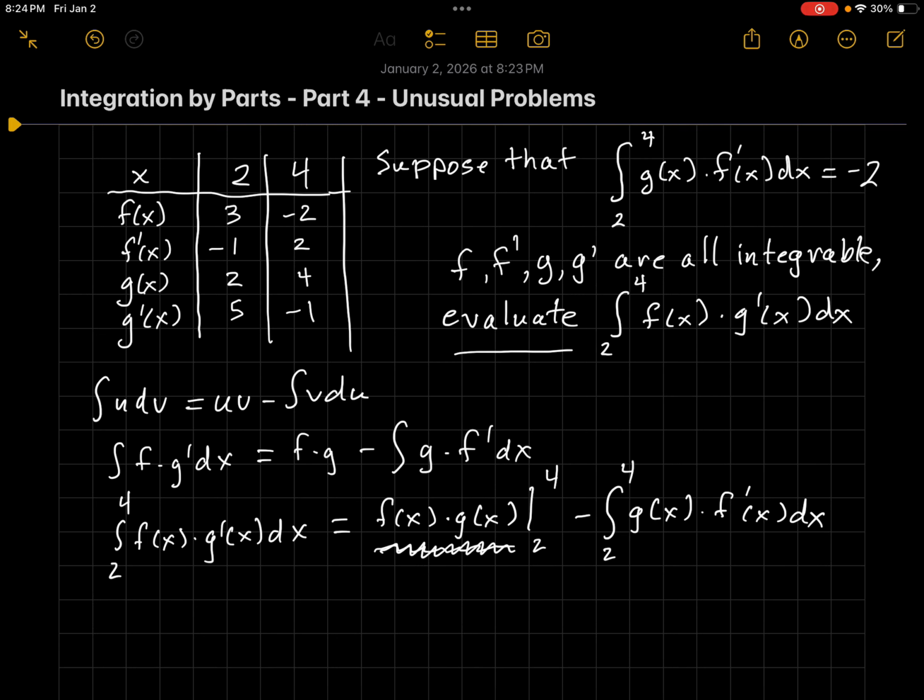So the thing that we want, the left side, is f of x times g of x at 4, so we'll do f of 4 times g of 4, minus, plug in the lower limit, f of 2 times g of 2, minus this back integral, but I gave you the value up top, which is negative 2.